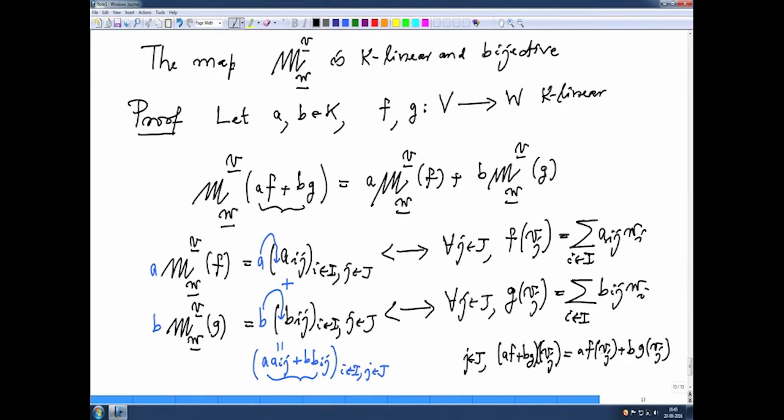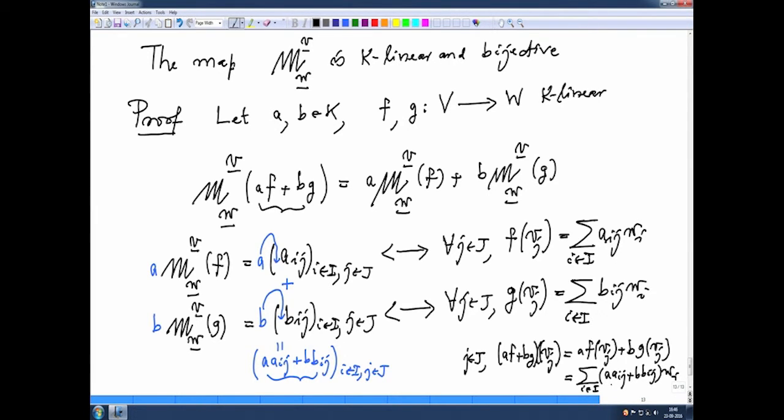But I know F of Vj is this, G of Vj is this, and their addition, so the ijth entry will be precise. When I combine this, I get the sum over i in I of (A times A_ij plus B times B_ij) times Wi, when I plug in and rearrange the brackets.